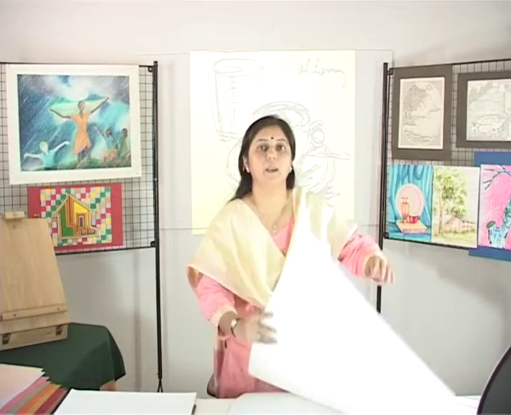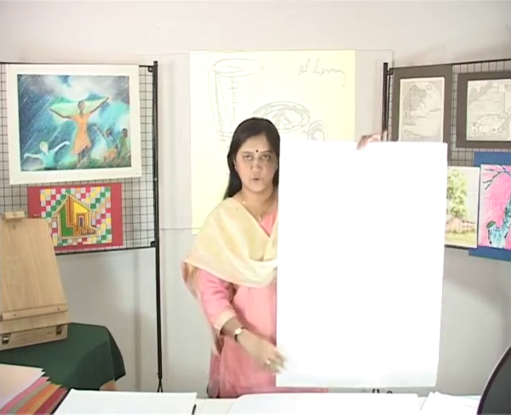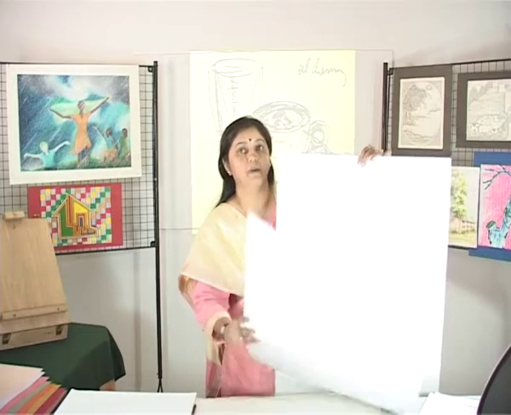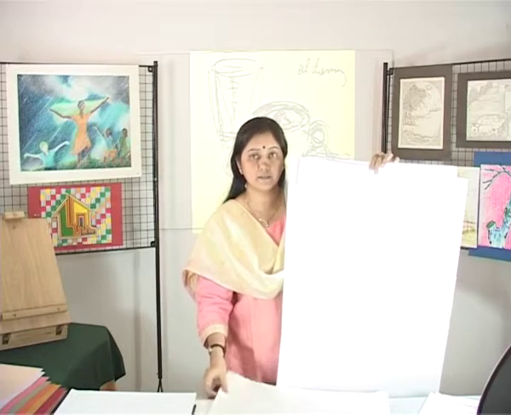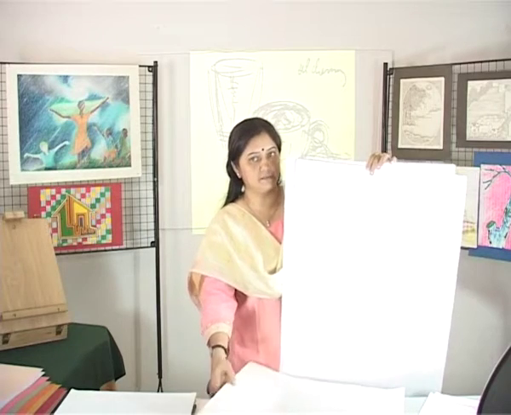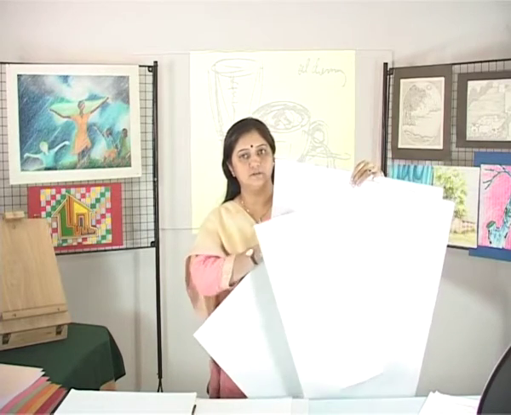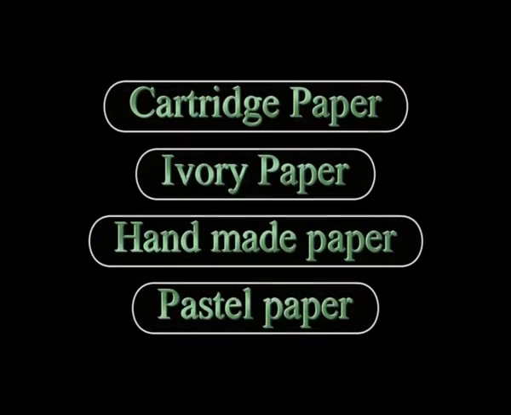These come in many styles and qualities and may be chosen according to the requirement of the medium to be used. For example, cartridge papers, ivory paper, handmade paper, pastel paper in different colors.